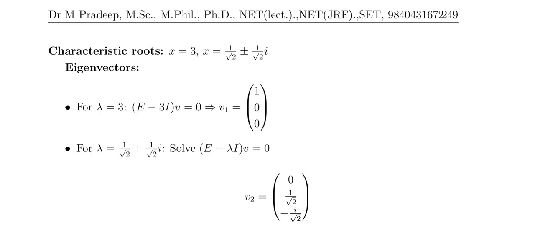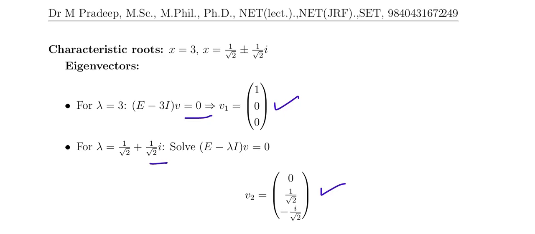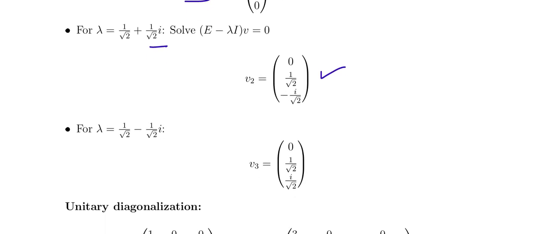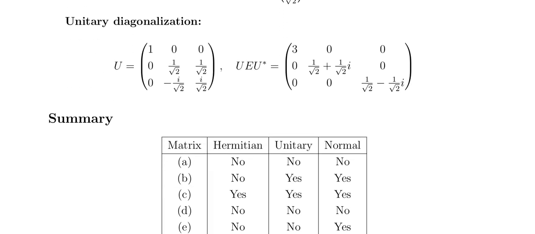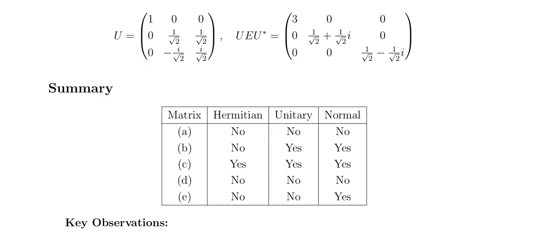So for lambda equal to 3 we can find (E minus 3I) into v equal to 0, v1 equal to (1, 0, 0). For lambda equal to 1 by root 2 plus 1 by root 2 i, and (E minus lambda) into v equal to 0, now we get that v equal to something, okay, and v3. Then U E U star is equivalent to something diagonal.